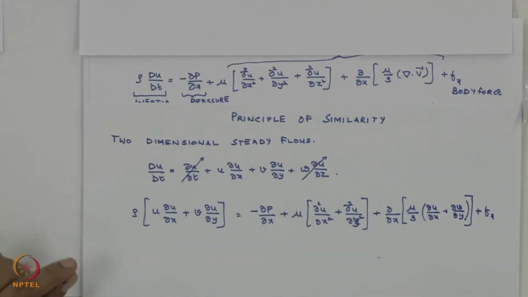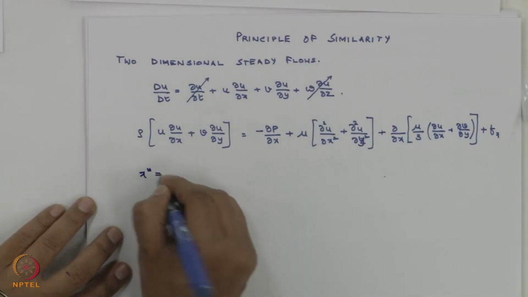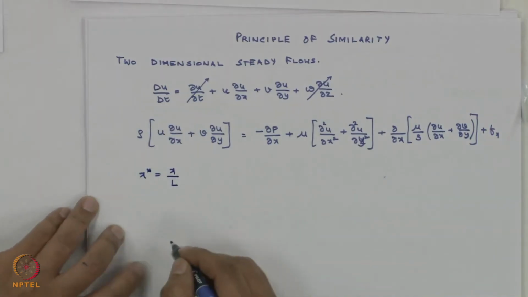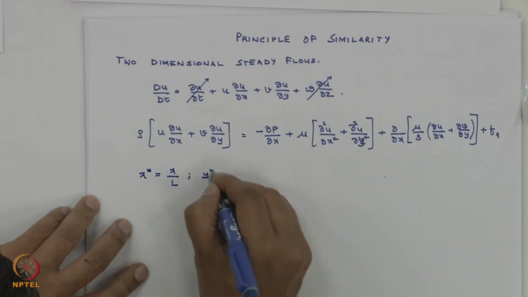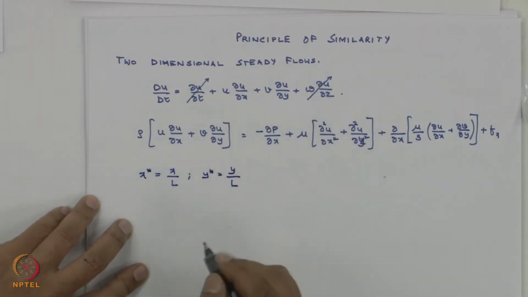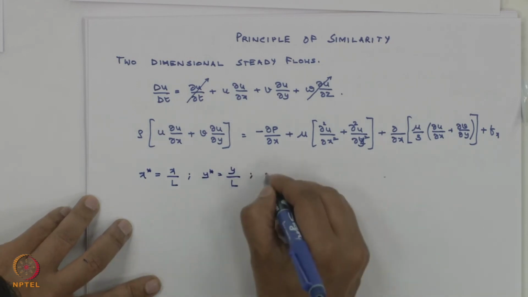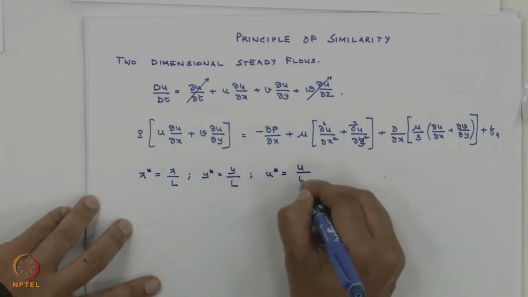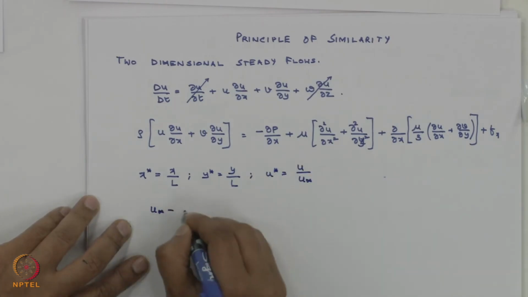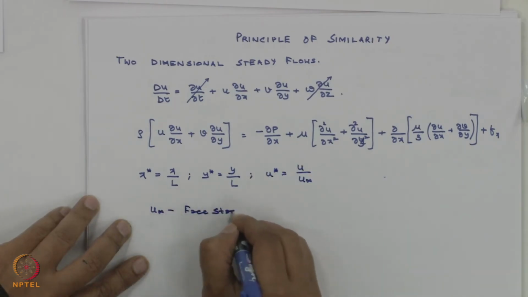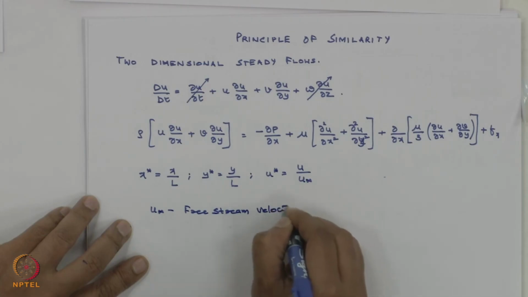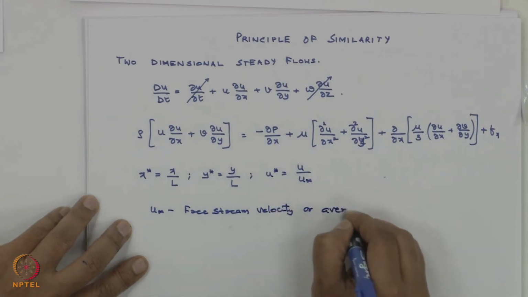Now I will have to non-dimensionalize these equations. I will non-dimensionalize x with a characteristic length, x star equals x by L, y star equals y by L, and u with u infinity, where u infinity is the free stream velocity in case of a flat plate or the average velocity in case of flow in pipes.